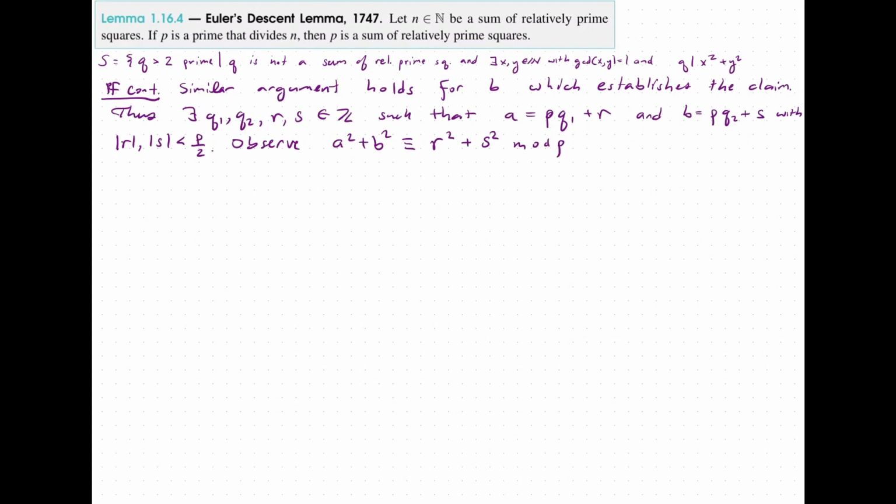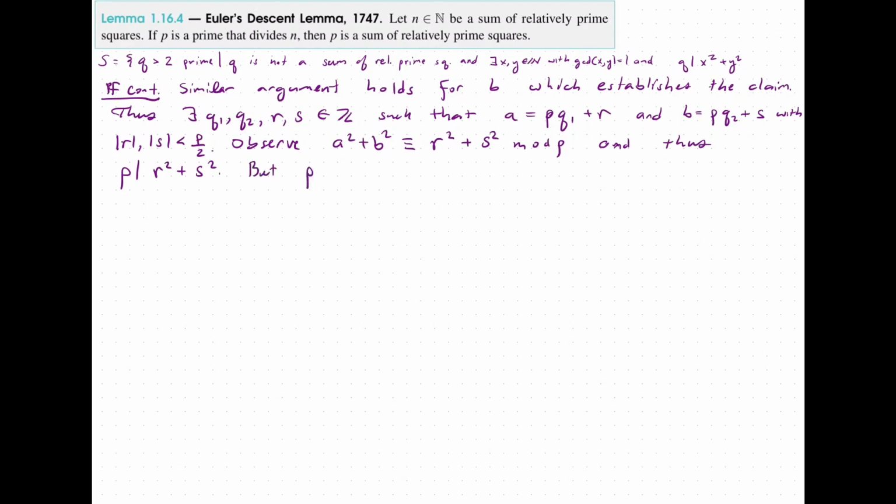Now, because P divides A squared plus B squared, this is congruent to 0 mod P. So therefore, R squared plus S squared is going to be congruent to 0 mod P. And so thus, P divides R squared plus S squared.